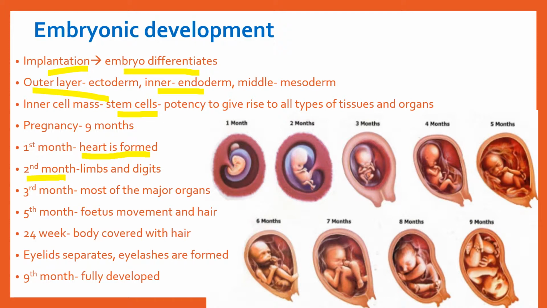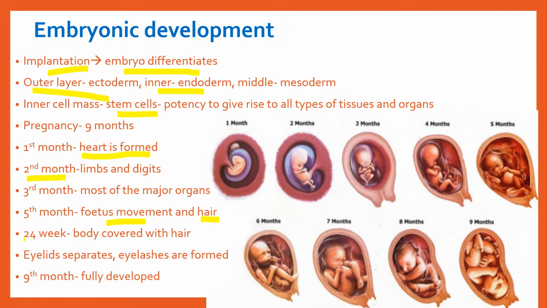And by the end of the third month, most of the major organs are formed. And in the fifth month, fetal movement can be observed and hair growth can be seen on the head.